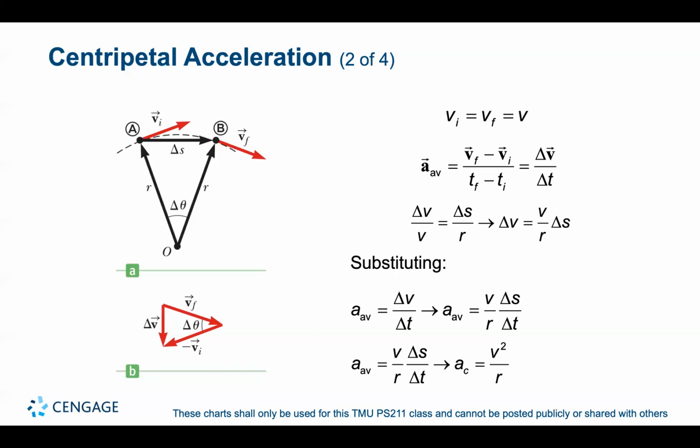But delta s is the distance traveled along the arc of the circle in time delta t. In the limiting case, when delta t becomes very small, delta s over delta t approaches the instantaneous value of the tangential speed, v. At the same time, the average acceleration approaches the instantaneous centripetal acceleration. Our expression reduces to the centripetal acceleration.